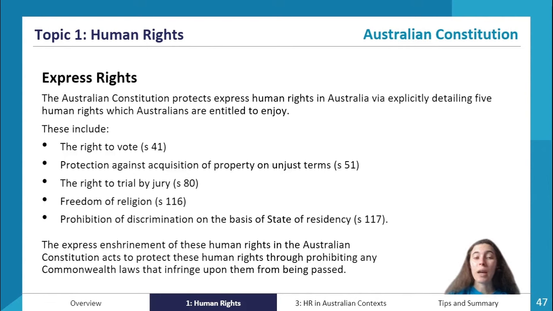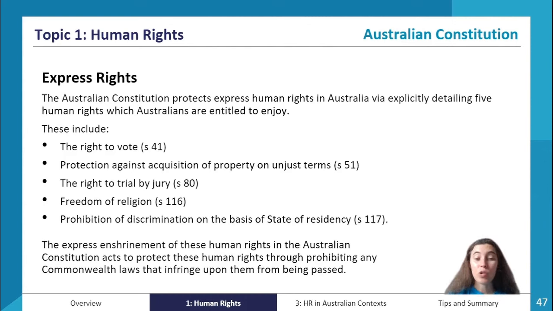So those rights that we have in our Constitution are the right to vote in section 41, the protection against acquisition of property on unjust terms, section 51, the right to trial by jury, which we've heard a few times, section 80, freedom of religion, section 116, and prohibition of discrimination on the basis of state of residency. So regardless of what state you live in, you should be treated equally and not discriminated against.